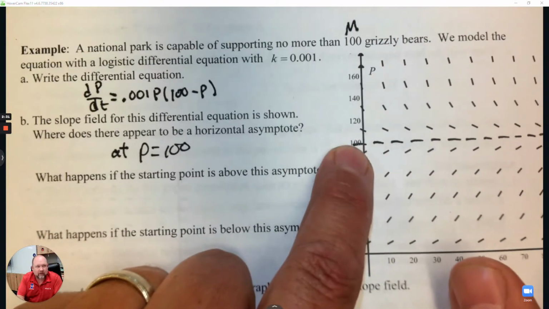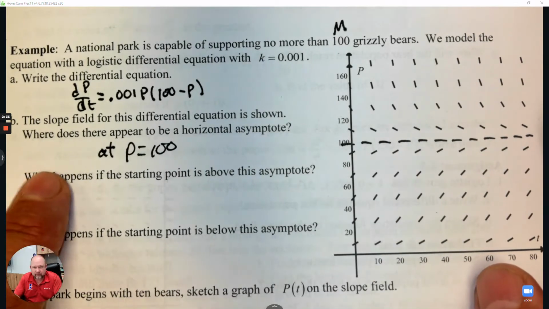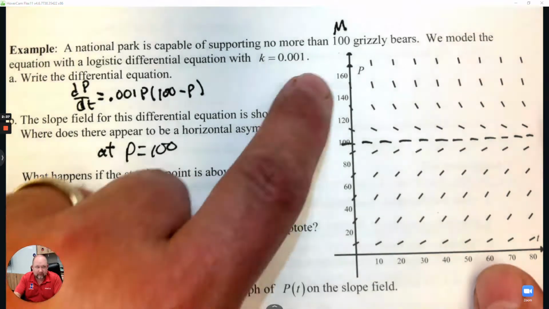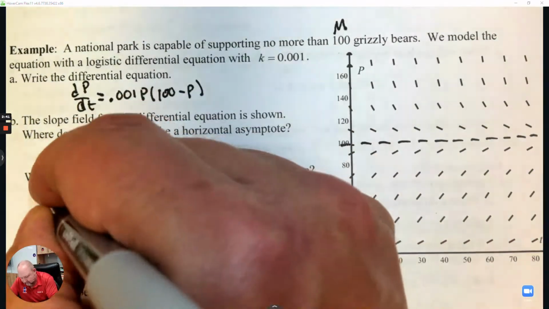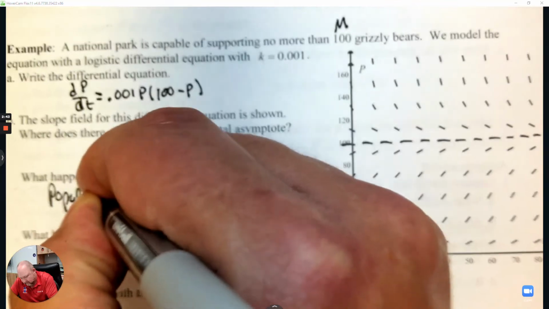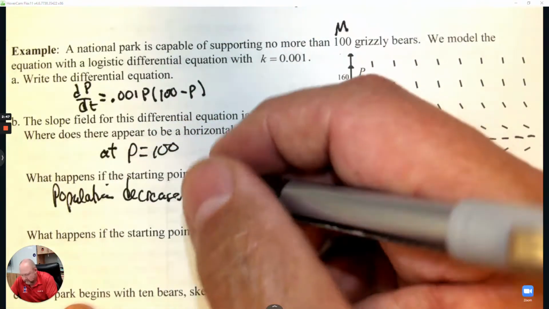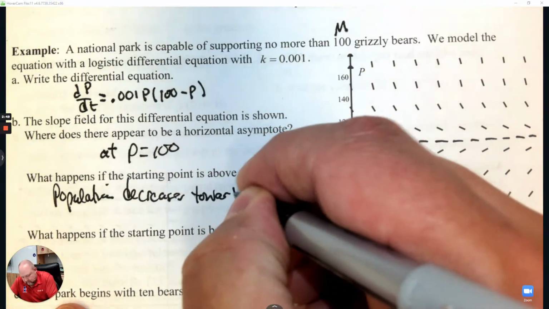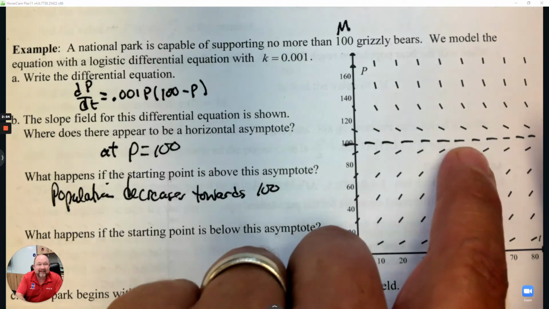So when it's equal to 100, you can see that there's a horizontal asymptote. What happens if the starting point is above this asymptote? If you start above, it decreases to 100. What happens when you start below? It increases to 100.